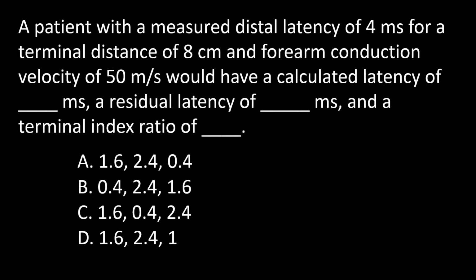Next question. A patient with a measured distal latency of 4 milliseconds for a terminal distance of 8 centimeters and forearm conduction velocity of 50 meters per second would have a calculated latency of dash milliseconds, a residual latency of dash milliseconds, and a terminal index ratio of dash.